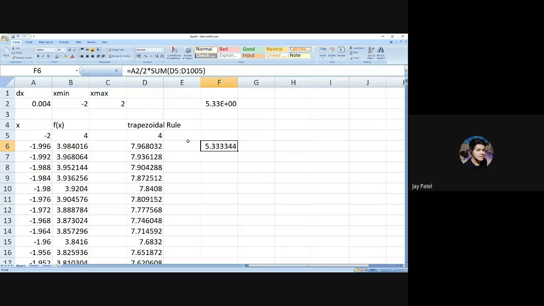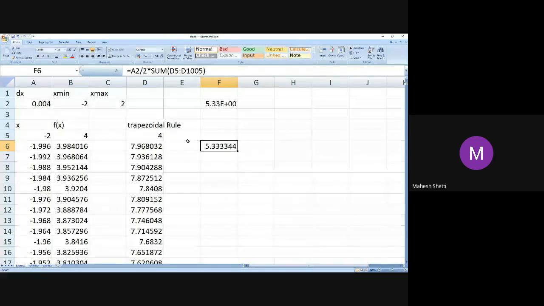No, it is not, because multiplication and division have the same precedence. What does it mean? Whatever comes first, it will do that. So here, it is taking the A2 value, dividing by 2, calculating the answer, and multiplying that answer with the sum.